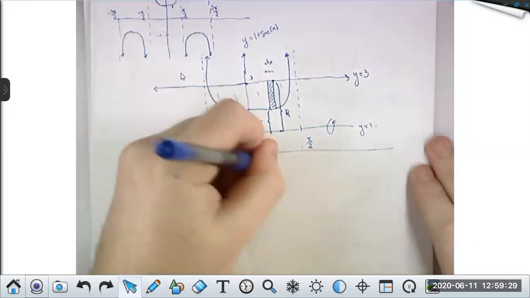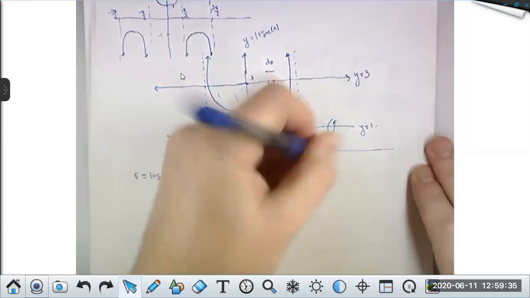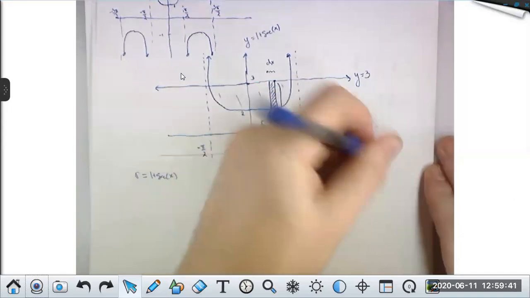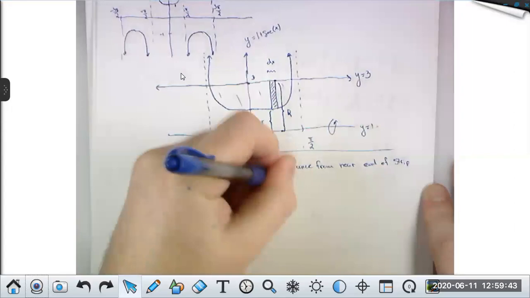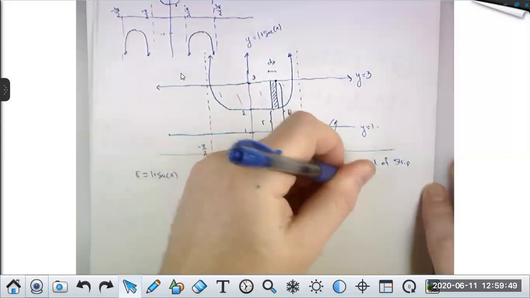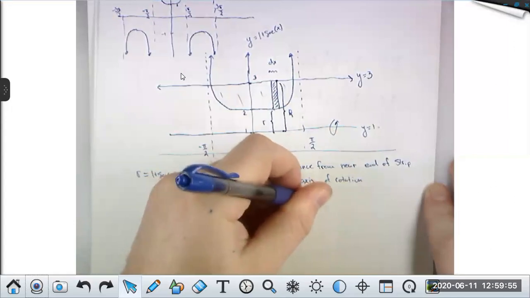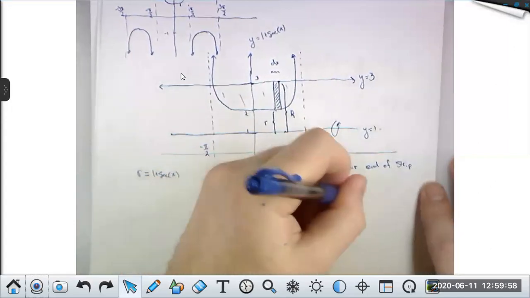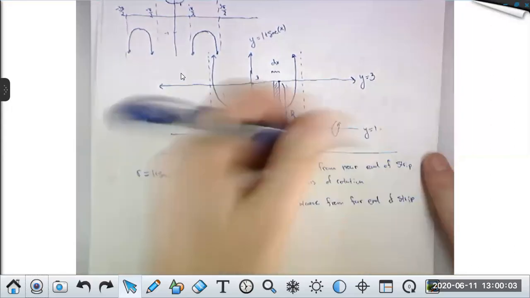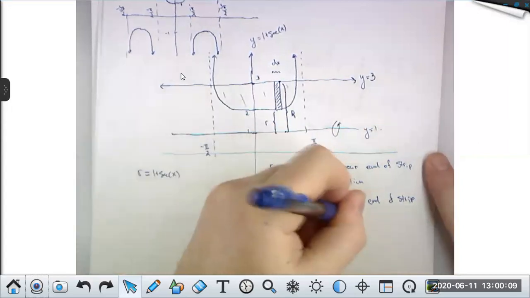Remember, little r is the distance from the nearer end of the strip to the axis of rotation, and big R is the distance from the far end of the strip to the axis of rotation.